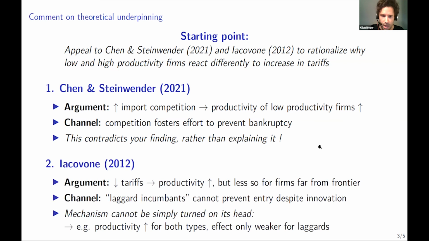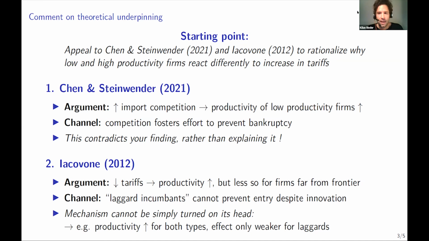When you look at the other paper, the Iacovone paper, what he argues is that lower tariffs increase the productivity of firms in general in his model, but this increase is less strong for firms that are far from the technological frontier. The channel he has in mind is that there are laggard incumbents that cannot prevent entry despite innovation, and so they don't have the incentive to innovate.